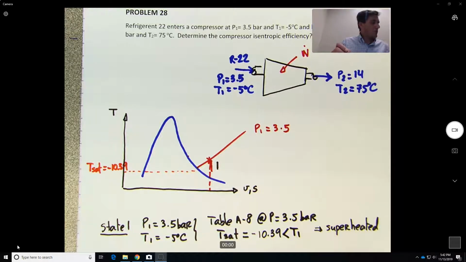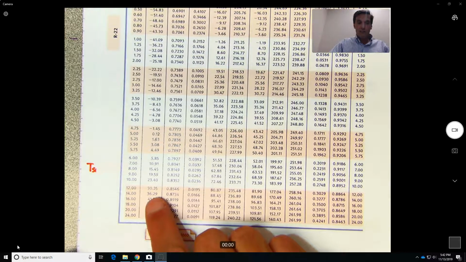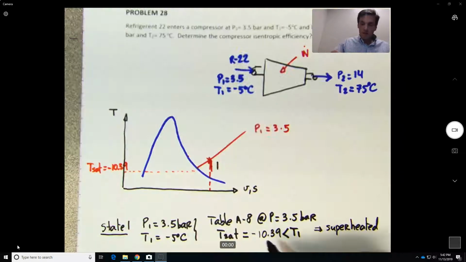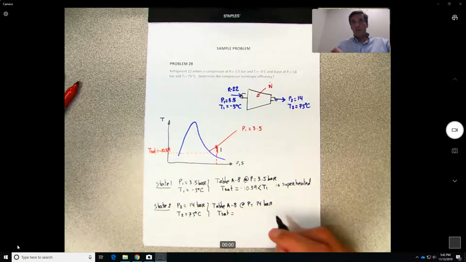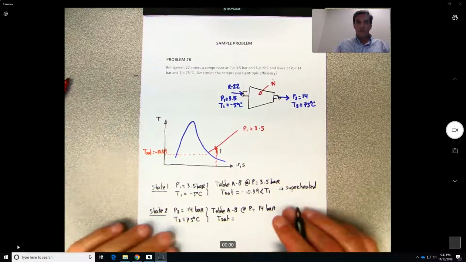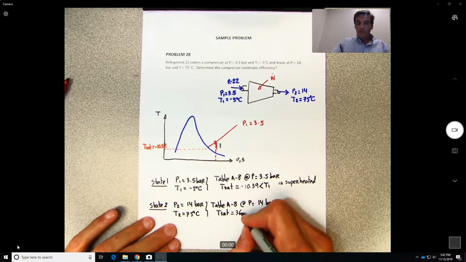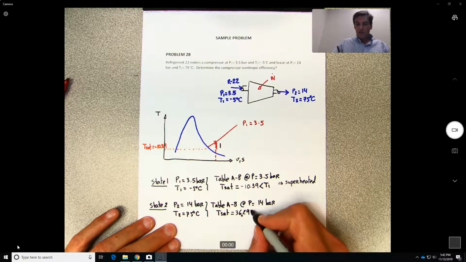T saturation, so I know you cannot see, but at 14 bars, T saturation is 36.29 Celsius.